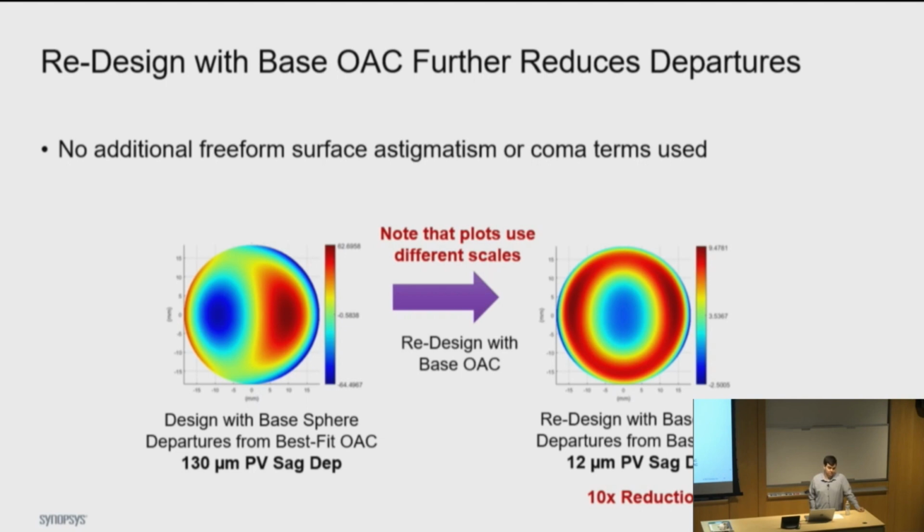That 10x reduction from even fitting with the best fit off-axis conic was sort of exciting when I did this examination the first time. And while this example isn't necessarily the most practical, hopefully it serves as a motivation for why we're trying to look at this.